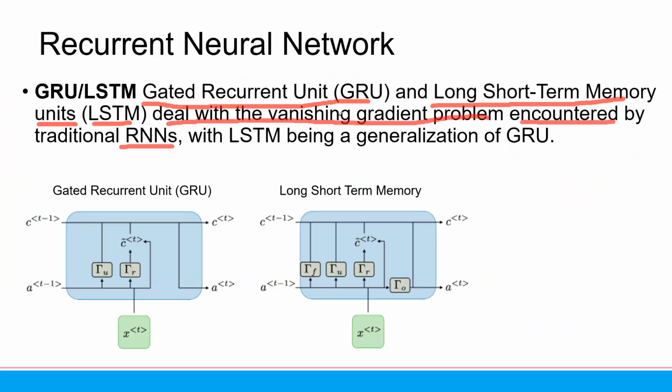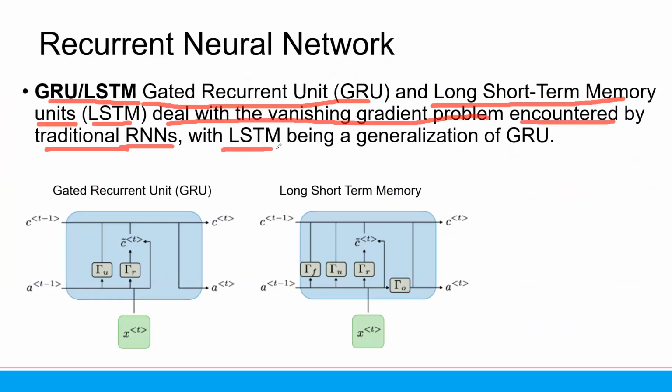The last time, I mentioned to you the vanishing gradient problem in neural networks. The traditional RNN also has the vanishing gradient problem, and the GRU and LSTM can solve, or deal with, this vanishing gradient problem.